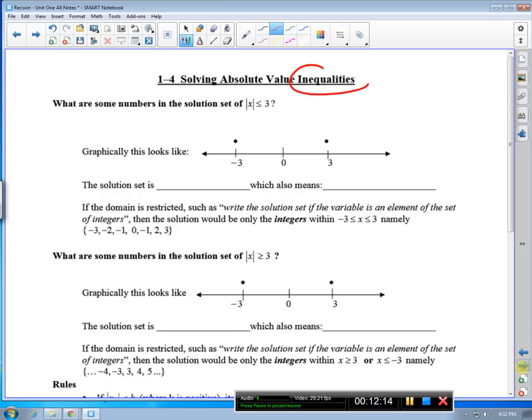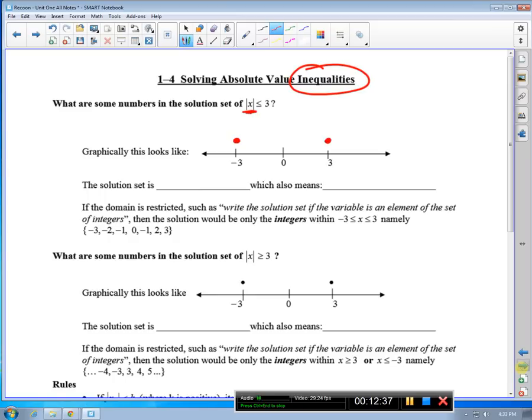If instead of equations we have inequalities, then there is a little bit of a difference. So this says, what are some numbers in the solution set of the absolute value of x, so the distance away from 0 is less than or equal to 3? Well, if it was equal to 3, we know we would have negative 3 and 3.